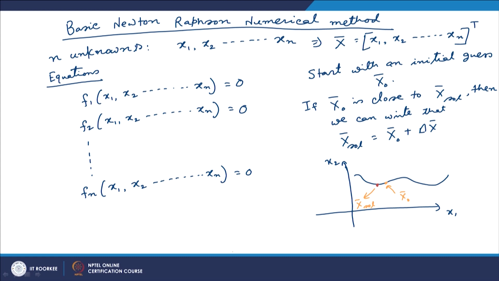Now if I have to find x solution from x naught, then if I can somehow find this difference delta x, I can simply add this delta x to this x naught and reach the value of x solution.